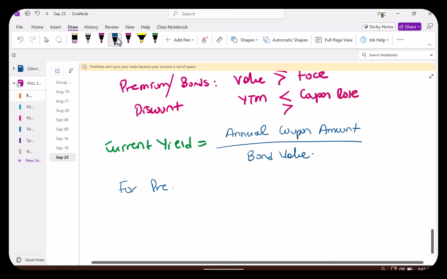For premium bonds, yield to maturity is less than current yield, which is less than coupon rate.